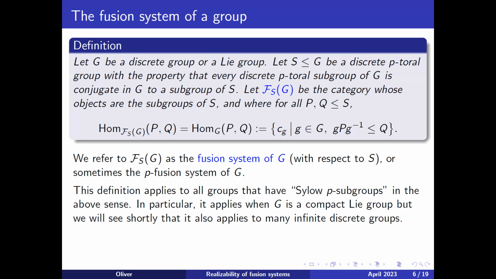When working with compact Lie groups, you can look at either discrete p-toral groups like I'm talking about here, or p-toral groups, which are groups that are an extension of a torus in the ordinary sense by a p-group. So that's what's often called a p-toral group.